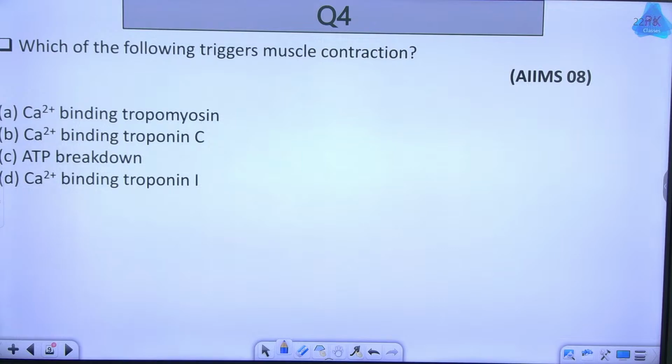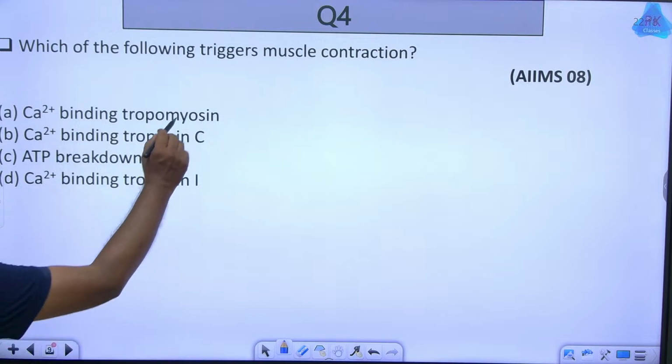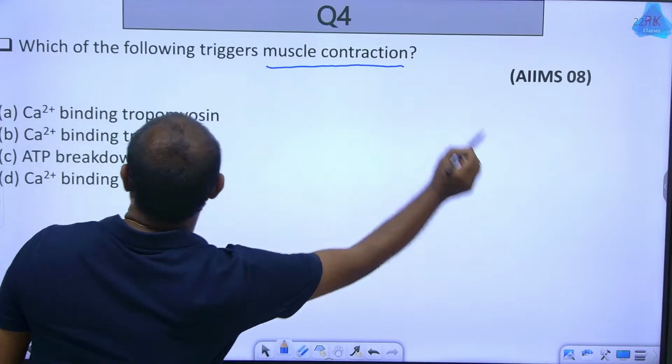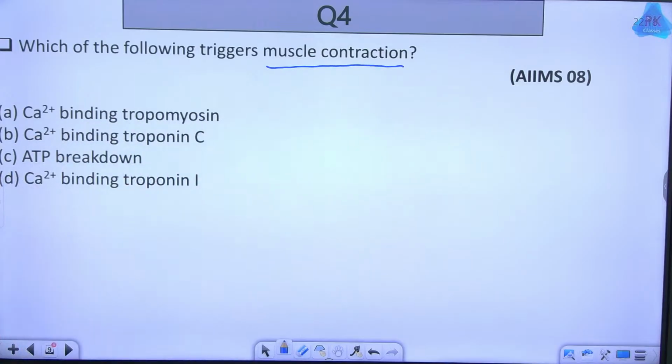The fourth question is, which of the following triggers muscle contraction? So अभी तो इसमें कैल्शियम ही दिख रहा है. So you have to give some specific answer.